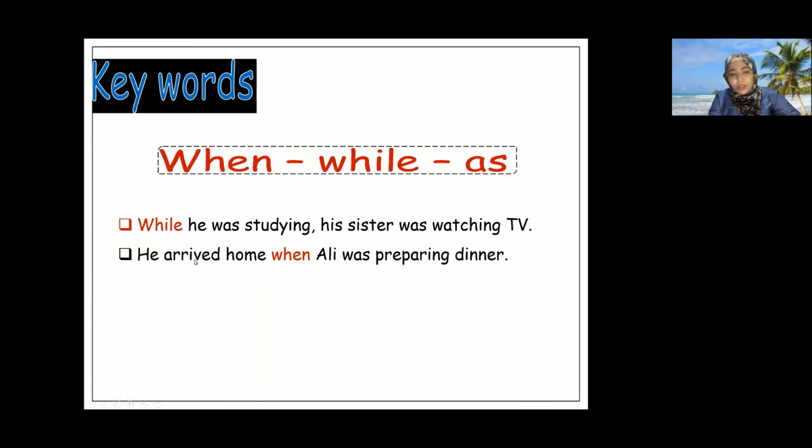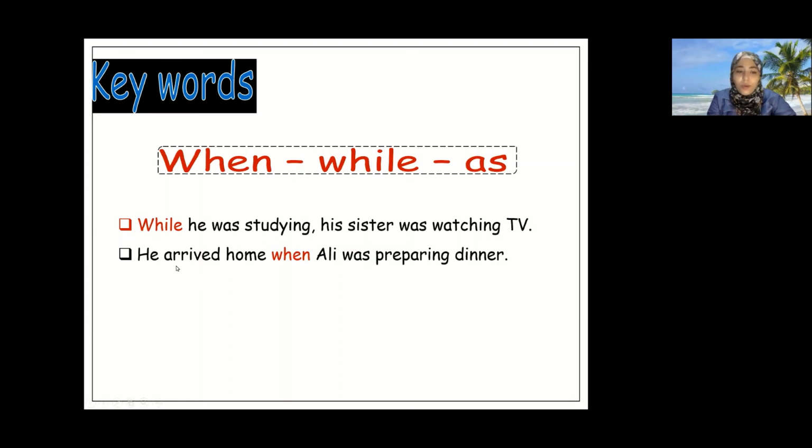Here we have while and when. In the first sentence we have the past continuous and the other past continuous, because the two actions happened at the same time in the past.